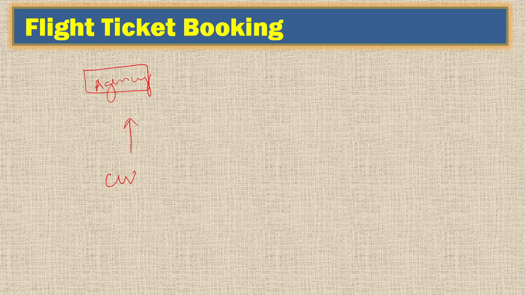So here is a customer, and they want to book the flight. Naturally we need to have the flight details. Which are the flights? When you have a flight, from where to where you want to travel. So this is a from place and a to city.